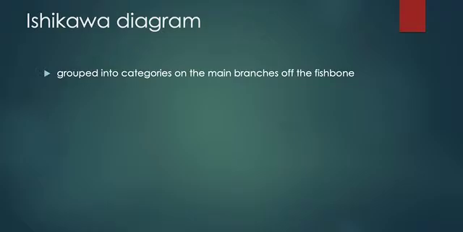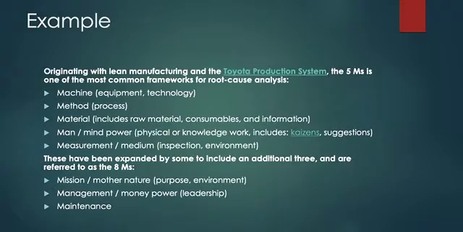Ishikawa is a guy who, not Honda, Toyota. He worked for Toyota in the 60s. They were having some manufacturing errors, and Ishikawa came up with this problem-solving method. It's just root cause analysis, and he came up with a framework for charting the causes of their problems.